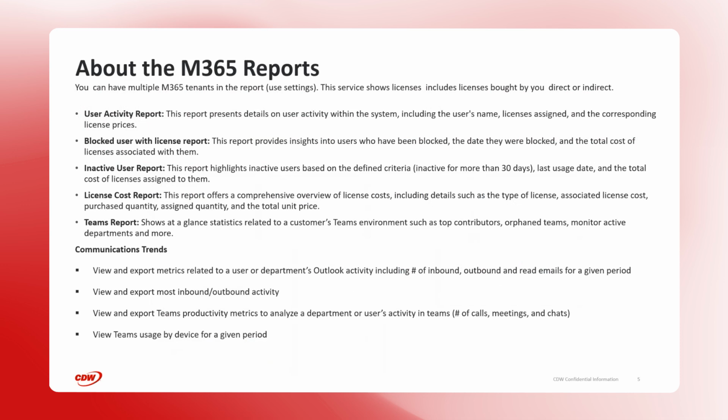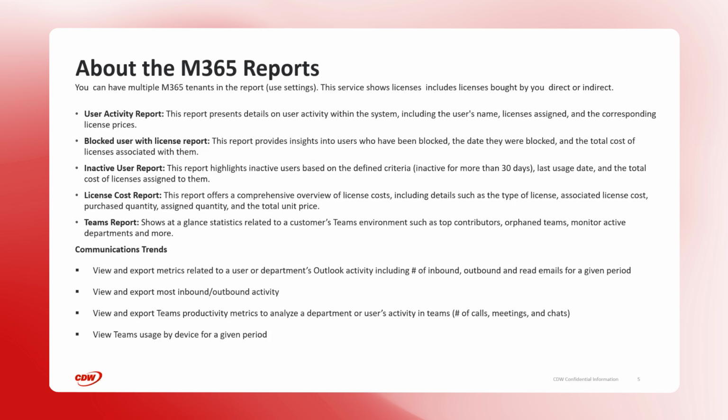And at a glance, we're going to go through all of these during the demo today. These are the different reports available in the Inscape Microsoft 365 service. You can set one or more up, and they can also be scheduled and sent to different team members if you'd like to have it sent over email, or you can go into the Inscape platform and view this information.